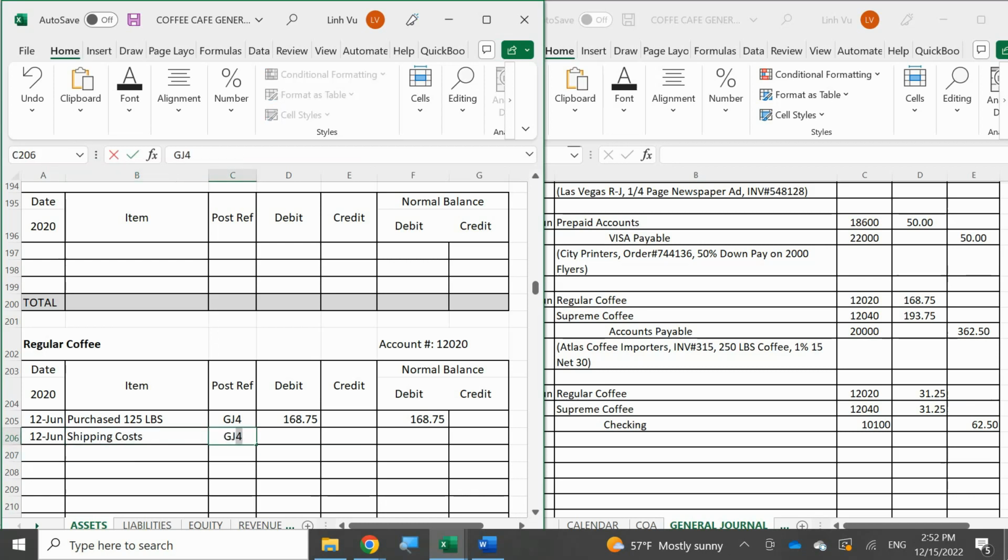General journal page 4 for the total of $31.25.